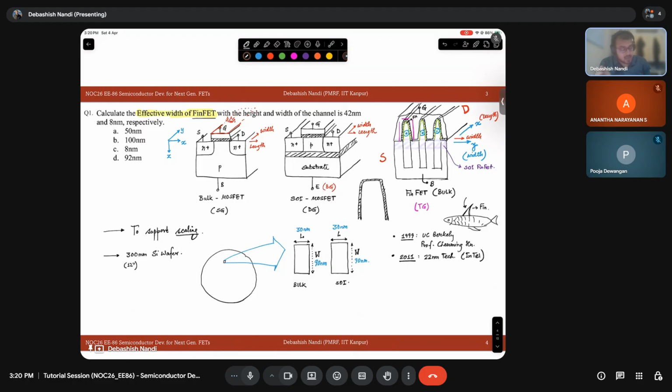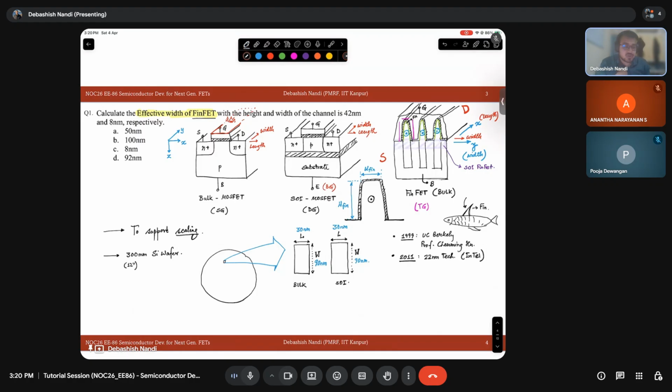This is where my current is flowing inside the channel. This dimension is called H fin, and this dimension is called W fin, right?